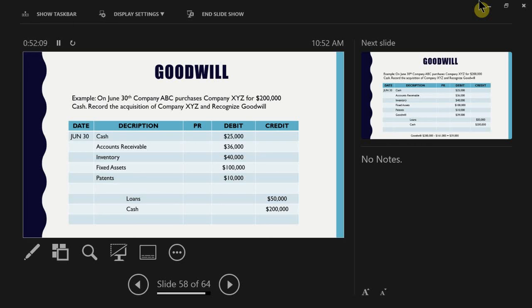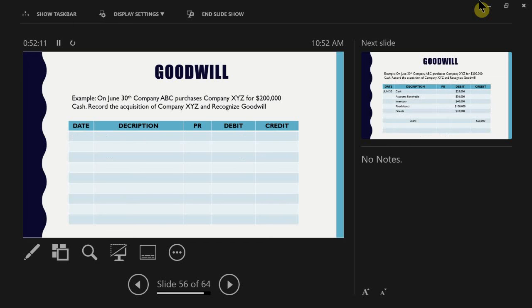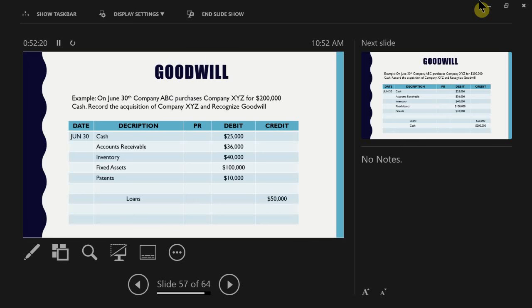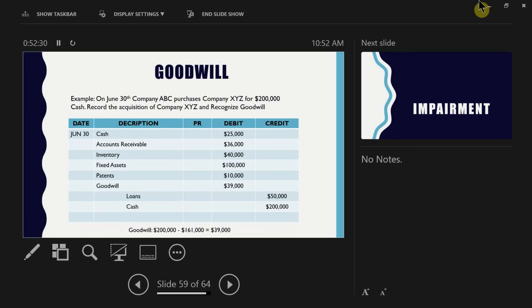From my previous slide, the fair value of my net assets is currently $161,000. If I purchase the whole company at $200,000, the difference between $200,000 and $161,000 gives you $39,000, and that's considered goodwill.